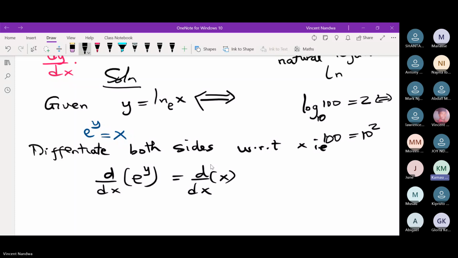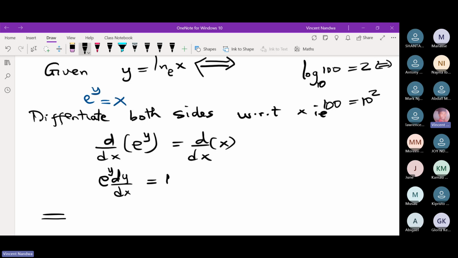It is e^y, but remember what we were doing yesterday on implicit differentiation. y is assumed to be a differentiable function of x, so you attach a dy/dx to this answer. Then d/dx of x? 1. Correct.